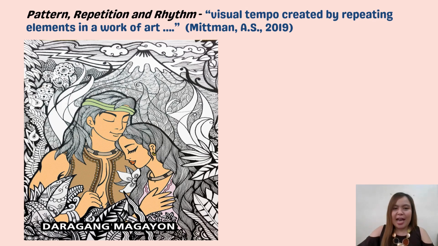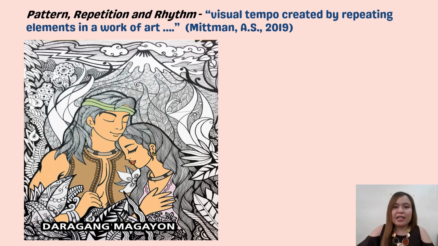And take a look at all those swirling movements, all those patterns that seem to create one perfect picture of unity. You have the leaves that seem to match the hair of the two characters. You have all these patterns that just jive and just melt.